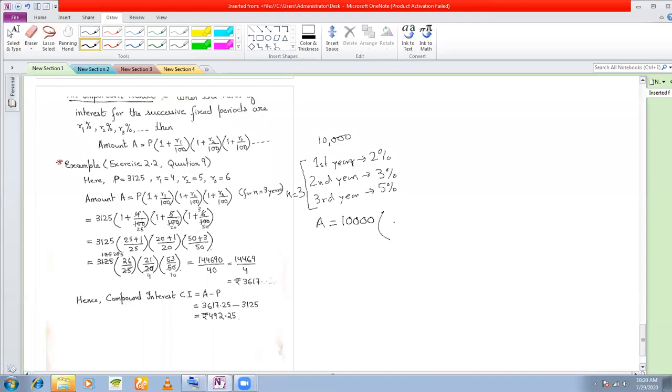Okay. 1 plus first rate is what? 2%. So I'll put 2 by 100 for the first year. For the second year, 3%. So for each rate, you have a different component. You have a different 1 plus r by 100 multiplied with each other. For the third year, I have 1 plus 5 by 100.